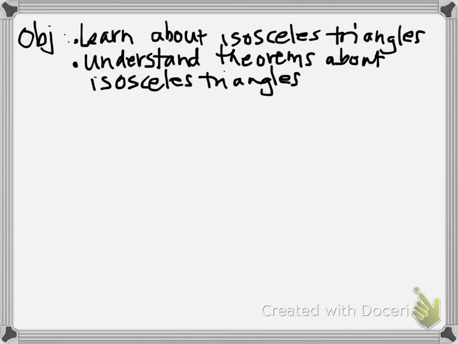Okay, so this is going to come out of lesson 4-4, so you can read through that in the book. And we're going to start with, let's talk about isosceles triangles. So let me draw one. And what do you guys know about an isosceles triangle?